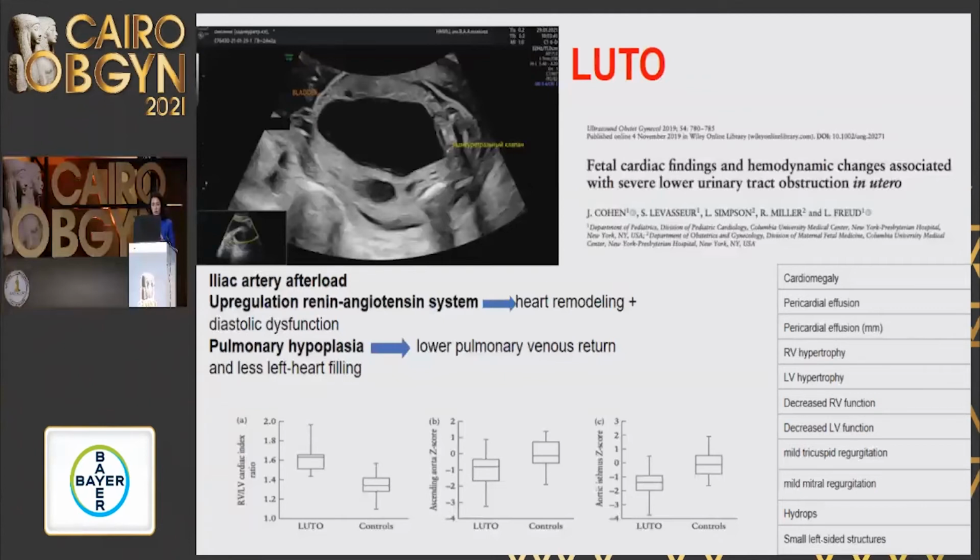Also, pulmonary hypoplasia alters hemodynamics and decreases pulmonary flow, with lower pulmonary venous return and less left heart filling. The same results were shown by Cohen and co-authors in 2019. They declared that in all cases there was diastolic dysfunction, and in 16% there was evolution to hypoplastic left heart syndrome.